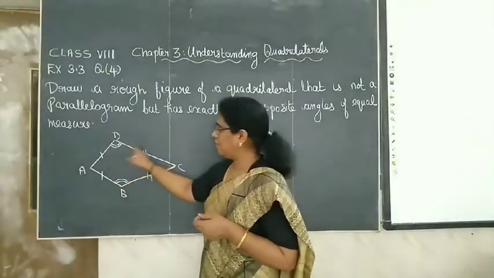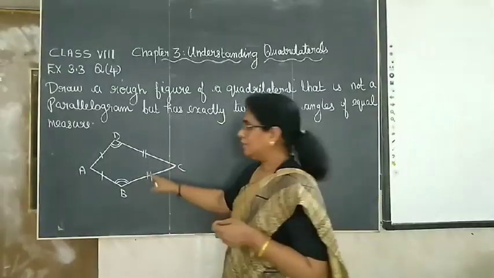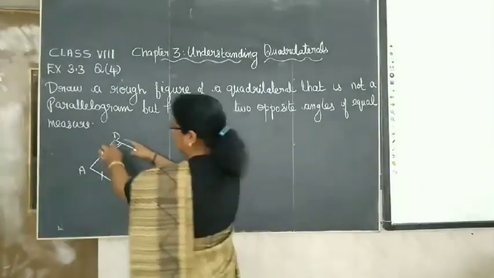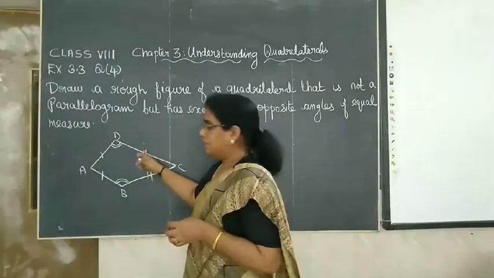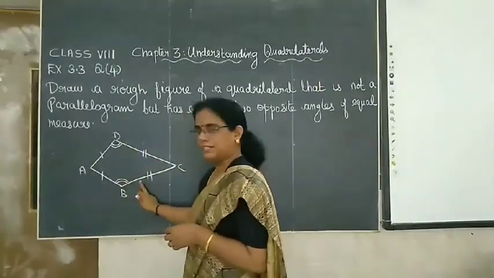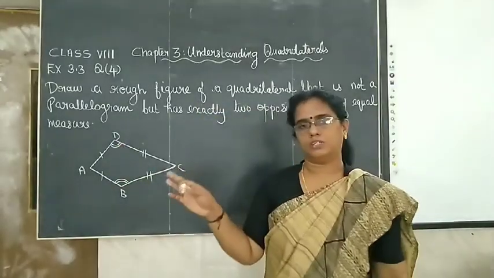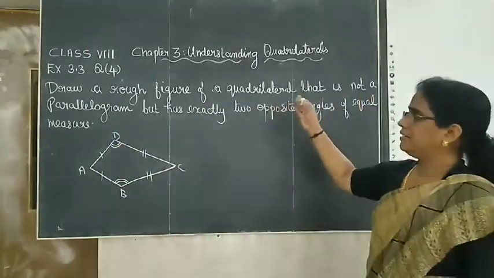That is, when we draw the kite like this, this is the angle between unequal sides. When you take these two sides, they are not equal, and when you take these two sides, they are not equal, but the angles between them are equal. Therefore, our condition is satisfied.